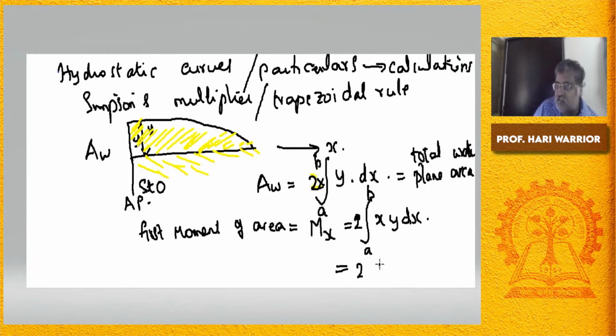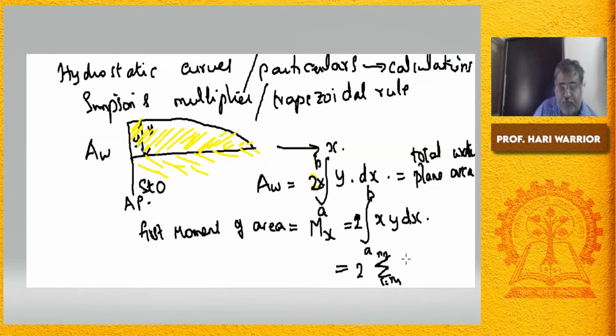Which is basically equal to 2, where x you can write as j. Let us write I equal to n1 to n2, where I goes from one end to the other end.